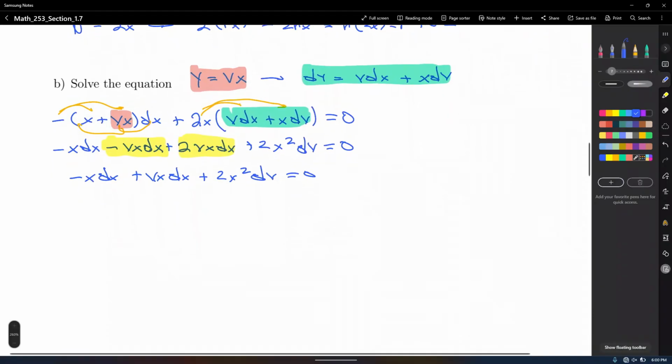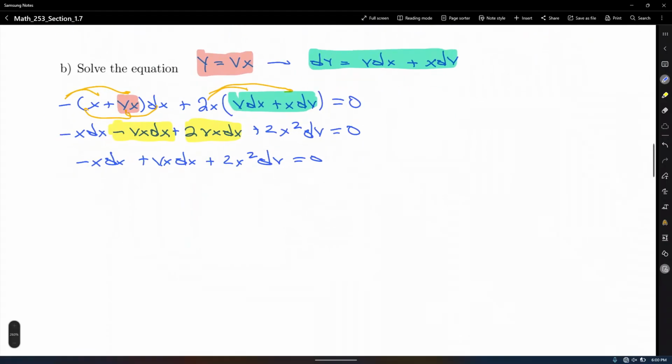So this means 2x squared dv equals, I'm going to move x dx minus, oh, no, that's a plus. Plus, or rather minus vx dx. It seems like we can factor this out. We can factor x and dx.